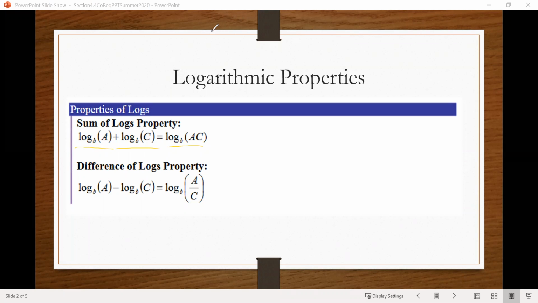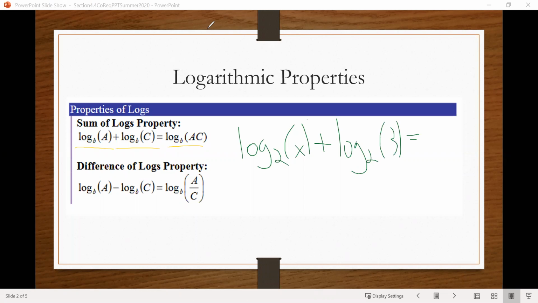As an example, if we have log base 2 of x plus log base 2 of 3, we can rewrite that as log base 2 of those two things being multiplied, the x and the 3.